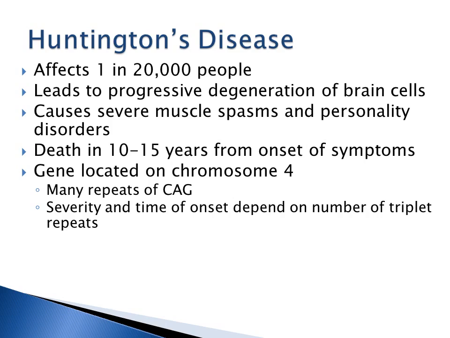It's caused by a gene located on chromosome 4. In this gene, you have numerous trinucleotide repeats, and these repeats are CAG. The severity of the disease depends on the time of onset and the number of triplet repeats found within the gene.